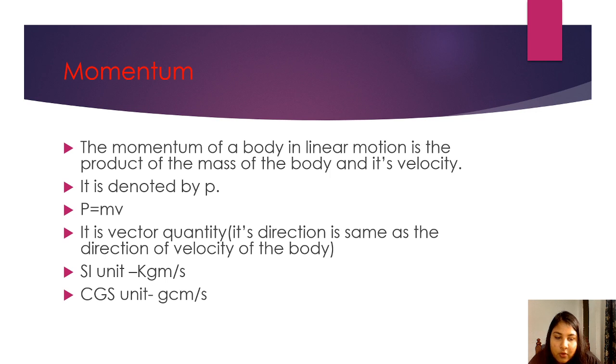So you can already guess that it has to be a vector quantity. Why is it a vector quantity? Why not scalar? Because here you can see velocity, and we already know velocity is a vector quantity. So a product of a scalar and a vector makes it a vector quantity.